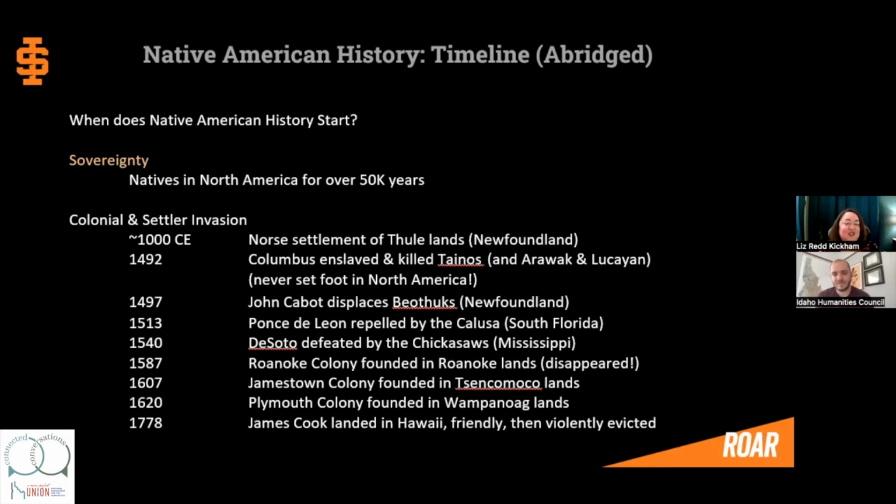So this history is not simply one of conquest, right? It is one of struggle and tension. And it clearly demonstrates that not all of the Native American peoples were here waiting with open arms to welcome the colonizers. And then, even in Hawaii, violently evicted over here.